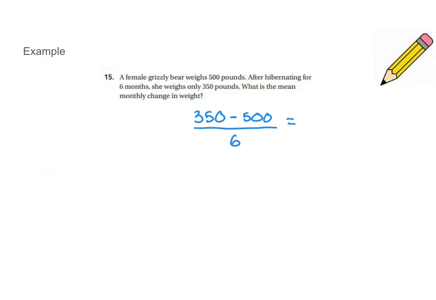So 350 minus 500 is negative 150 pounds in 6 months. And 150 divided by 6 is 25. A negative divided by a positive is a negative. So negative 25 pounds per month.